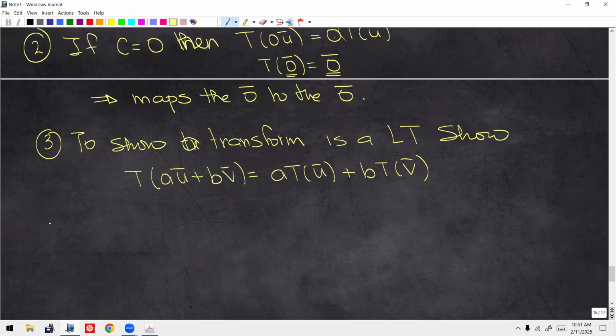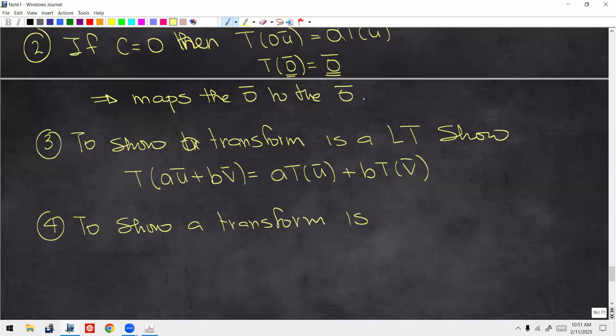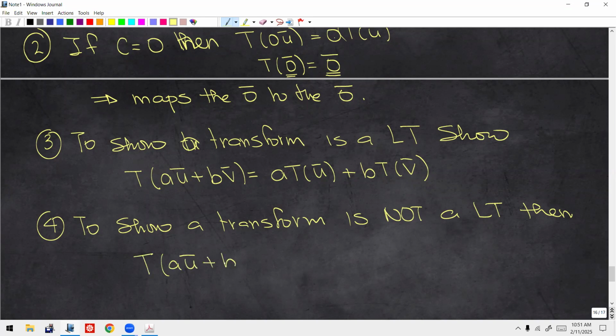Now, to show a transform is not a linear transformation, we have a couple of options. We want to show that this is not true. By the way, when I'm writing this down, A and B are scalars, just like it was C before. Hopefully you guys know that.